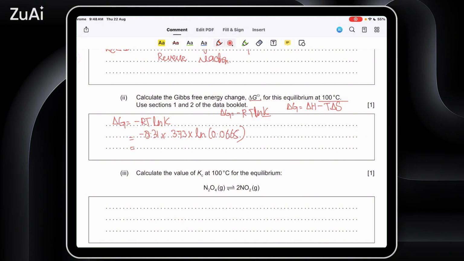So we will have the delta G value, which is positive 8.40. Positive means this reaction is not feasible. That's what we need to know.